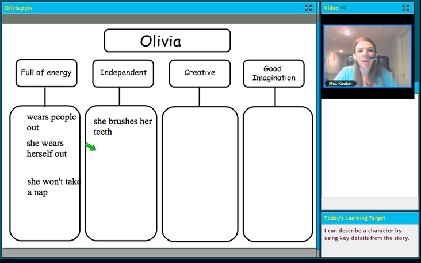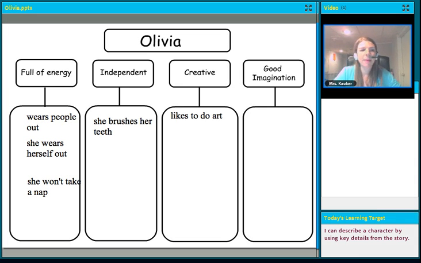But we're going to put that over here as that she was creative. Do you think that would fit over here? She was creative? Yeah. So we're going to put that she likes to do art. Let's put that over to that it describes her being creative. So Olivia likes to do her own art. Likes to do art. Okay, good.